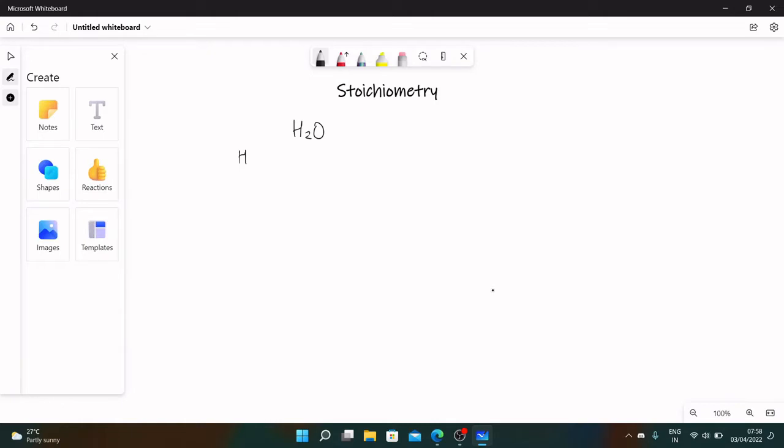We can find the percentage composition of hydrogen, and we can find the percentage composition of oxygen. We'll do both of these. First, we need to find the molar mass of H2O.